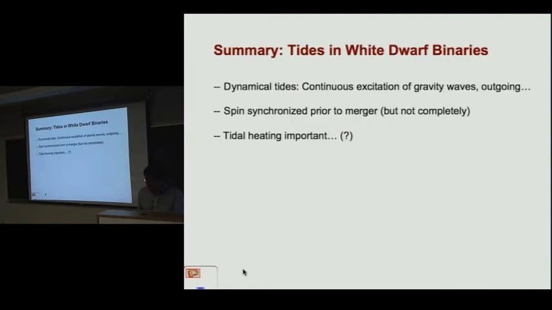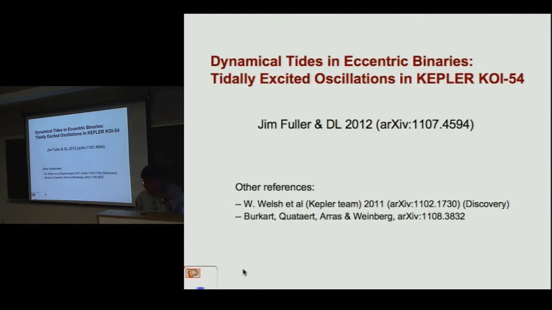Okay, so let me move on, because I have 3 topics. Let me move on to another thing. I'm going to try to do it faster. This is an interesting system: two main sequence stars orbiting each other in an eccentric orbit, discovered by Kepler.